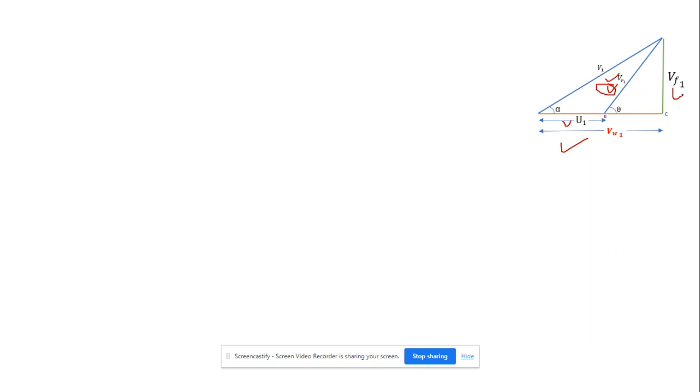Vf1 is the inlet flow velocity, V1 is the velocity of the water inside the runner, and alpha is the angle at which the water strikes the blade, the guide vane.